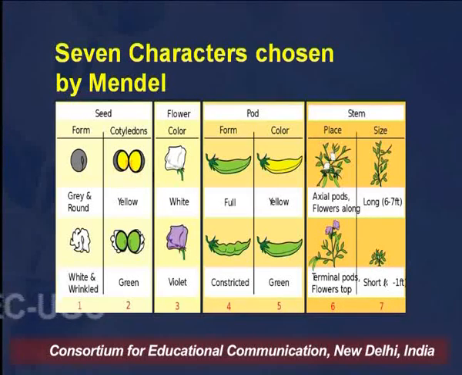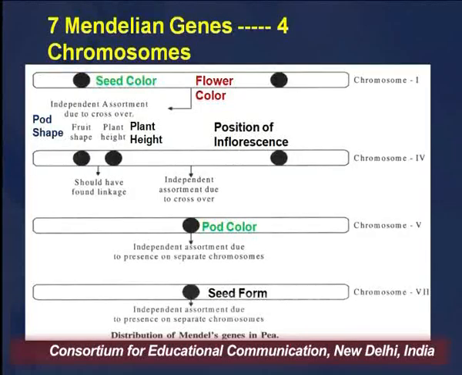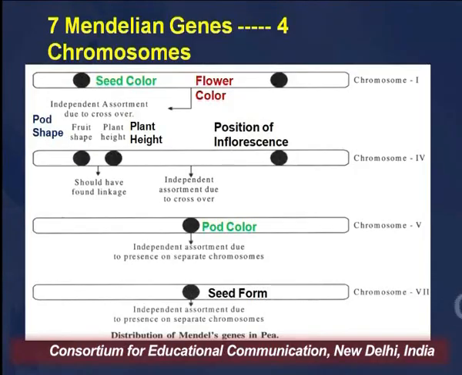One somehow fails to understand why he chose 7 characters, because at that time there was no idea of chromosomes. As fate would have it, the Mendelian genes may not be present on all 7 chromosomes: in Pisum sativum 2n equals 14, which means the haploid set of chromosomes in garden pea is 7.